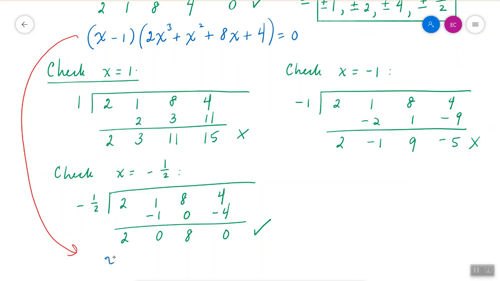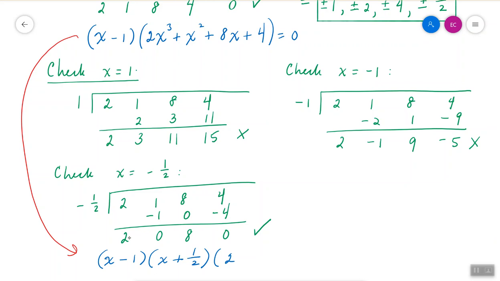We still have an x minus 1 at the beginning. And then we have x plus 1/2 next. And then we have a quadratic left over since we were factoring a cubic.